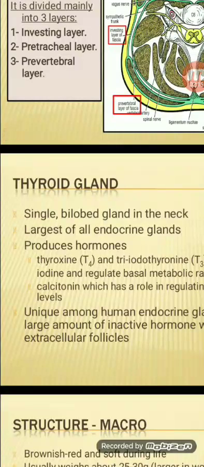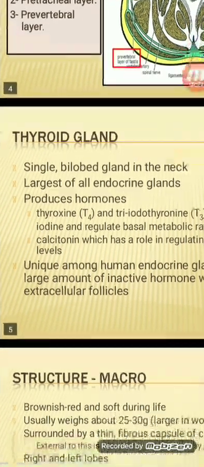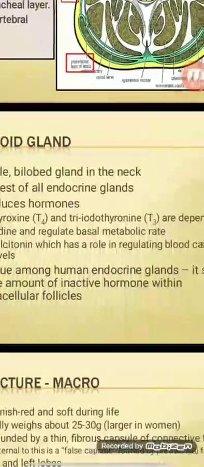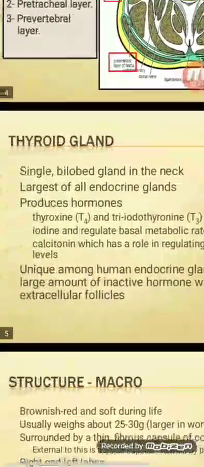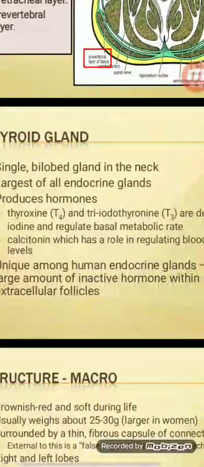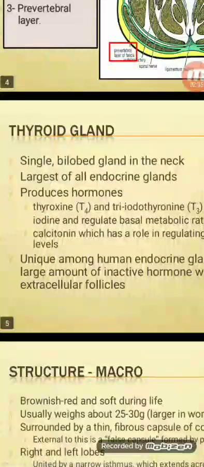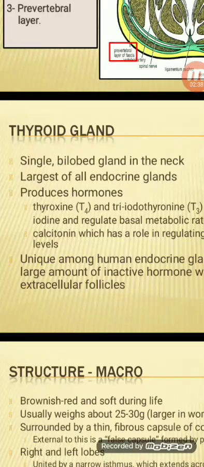The thyroid gland is a single gland, bilobed, in the neck. It is the largest of the endocrine glands and the first endocrine gland to develop, producing hormones T3 and T4. It is unique among the human endocrine glands in that it stores a large amount of inactive hormones within the extracellular follicles.